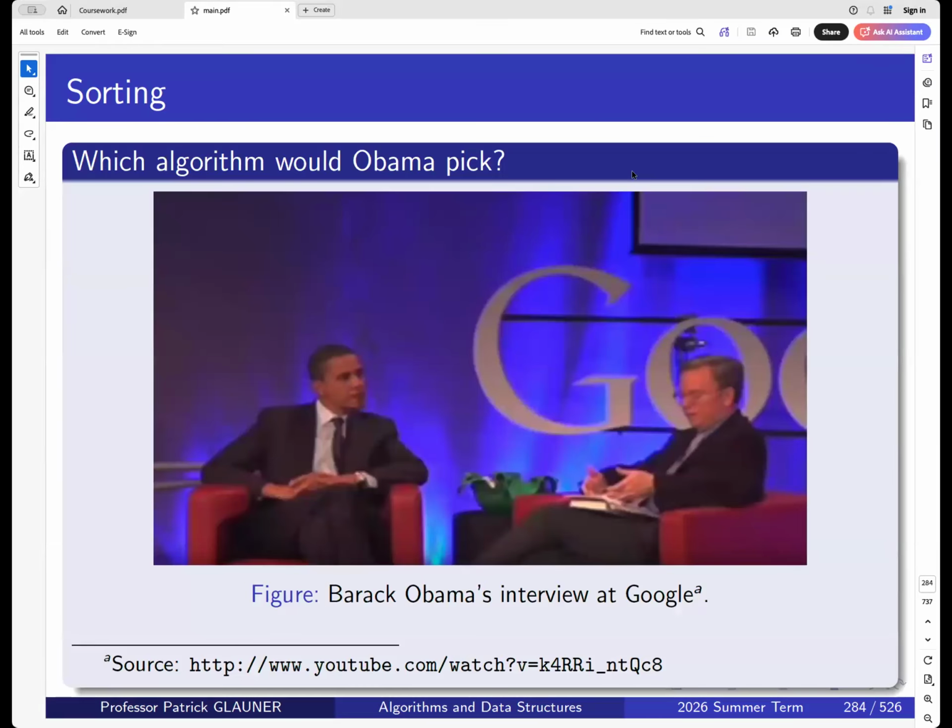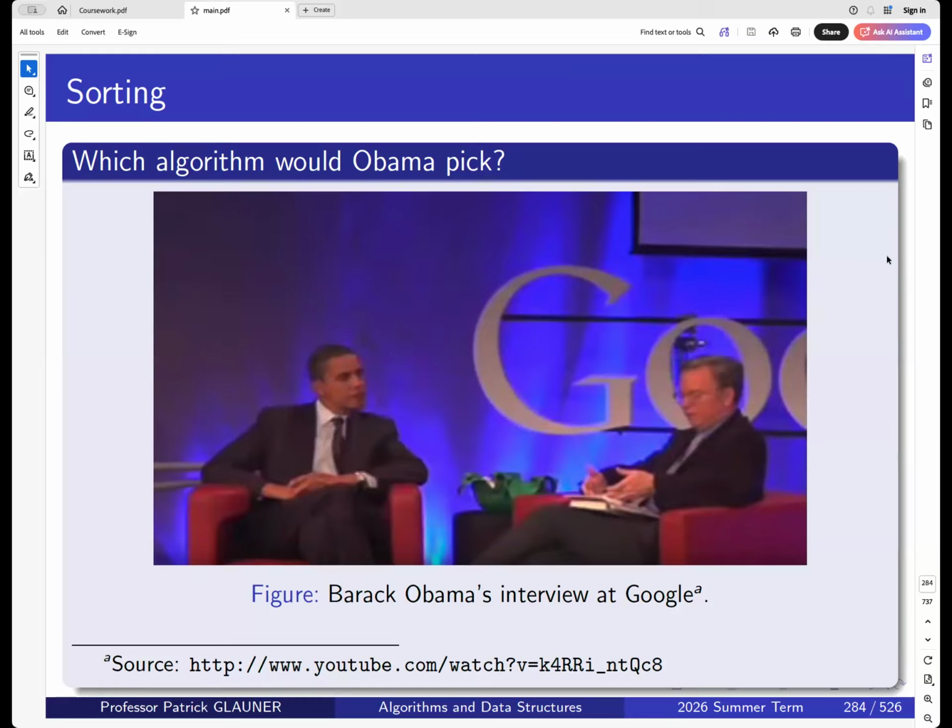And what is interesting here, so this was at the end of high school, when Obama was running for president. In the early stages of his campaign, he visited Google, the headquarters of Google in Silicon Valley, and he was in the Senate at that time. And this is Eric Schmidt.